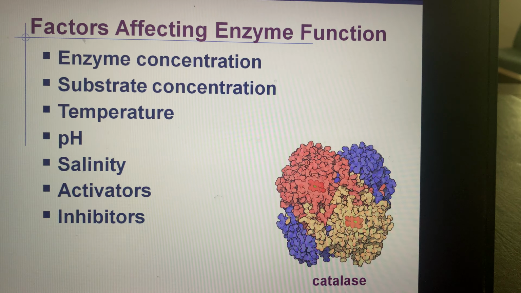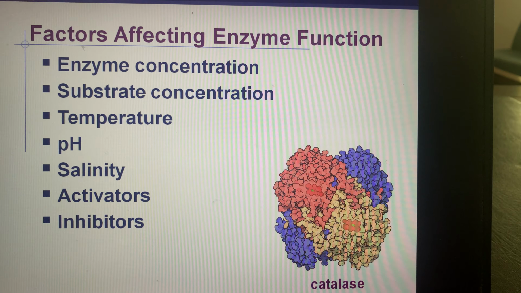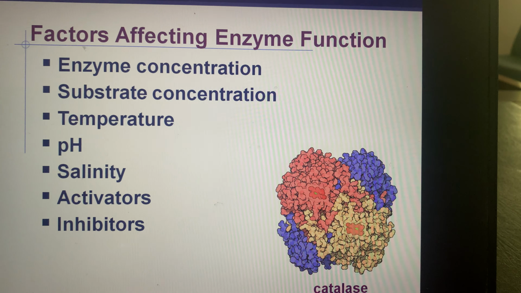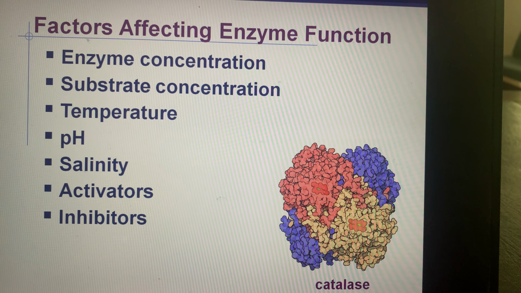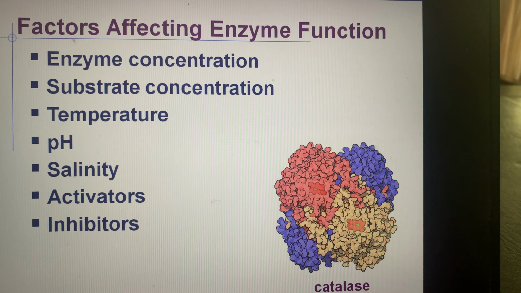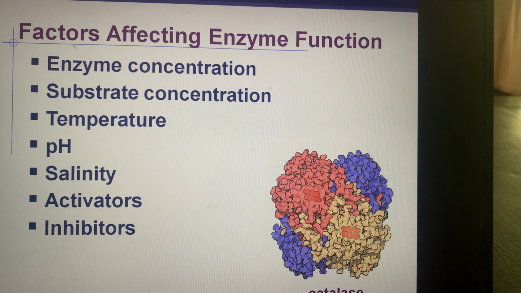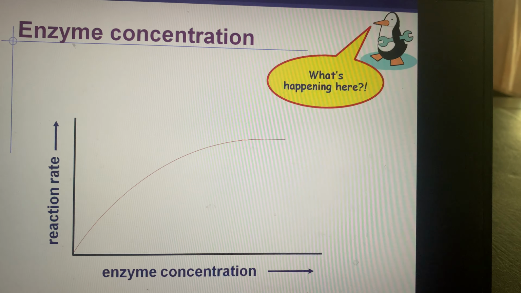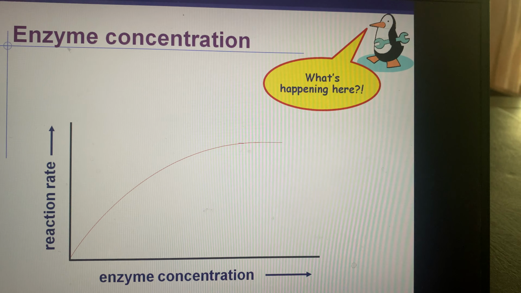Factors which affect enzymes are enzyme concentration, substrate concentration, temperature, pH, salinity. Different activators and inhibitors also affect enzyme functions. We will discuss a few of them.